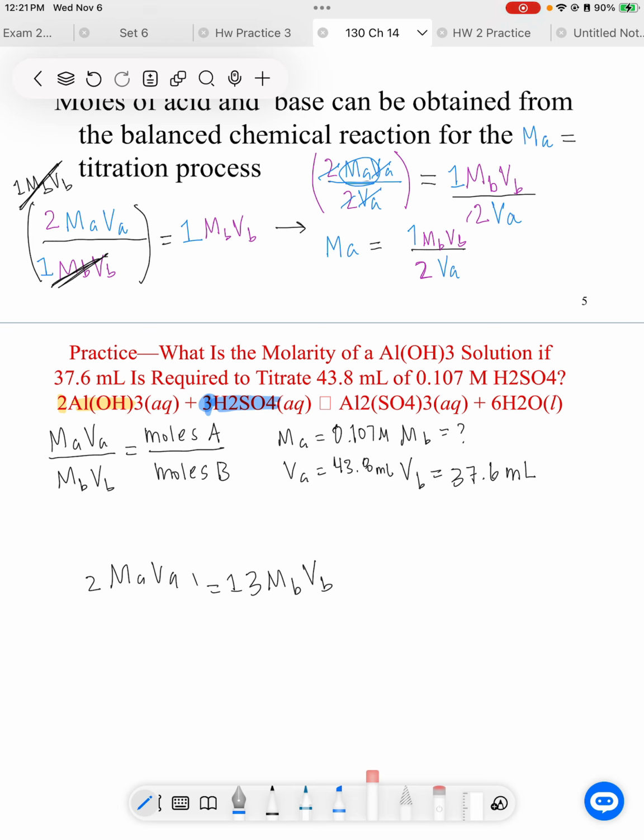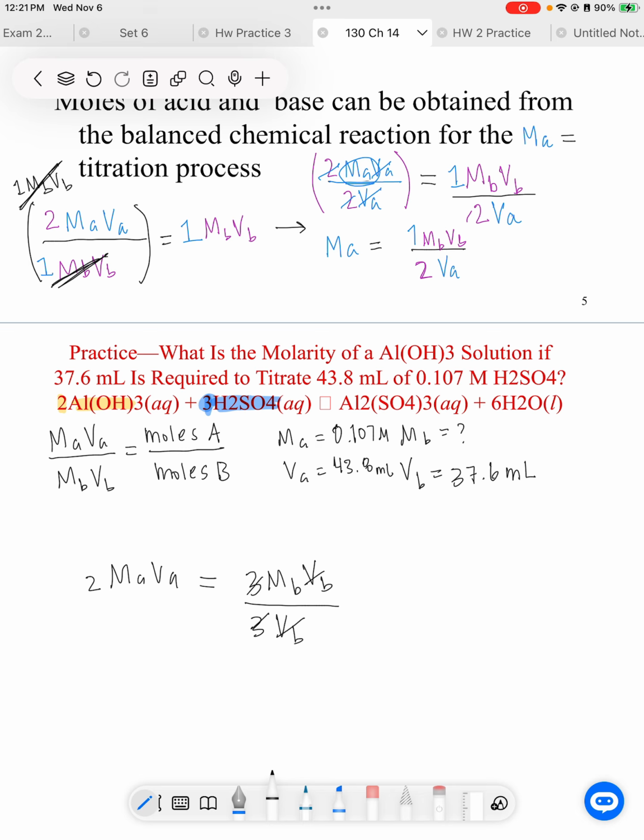Now, how do we isolate? It's a little messy, sorry guys. How do we isolate MB from here? How do we undo multiplication? We just simply divide out what we don't want on that side of the equal sign. And what we don't want is the 3 and the VB. We want the MB. Now we cross those out.